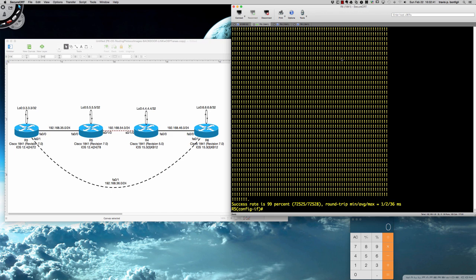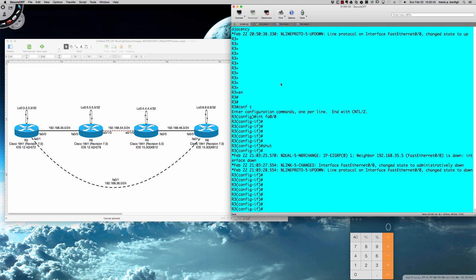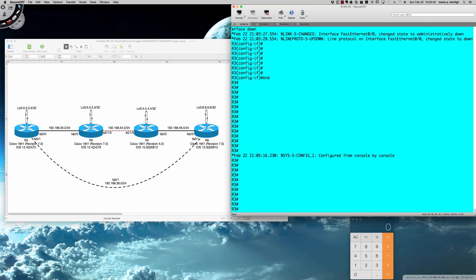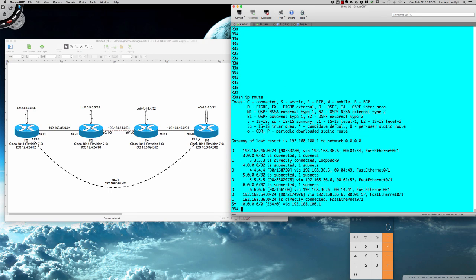The final thing I want to do is let's take another look at the metrics about EIGRP. I'm going to clear some space up here. So if I type in show IP route, and if we wanted to figure out from router 3's perspective how I would get to 4.4.4.4, we would come here and we'd see we're learning that, and then here is the feasible distance for that route.